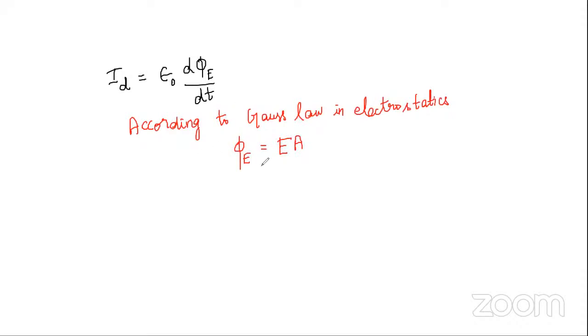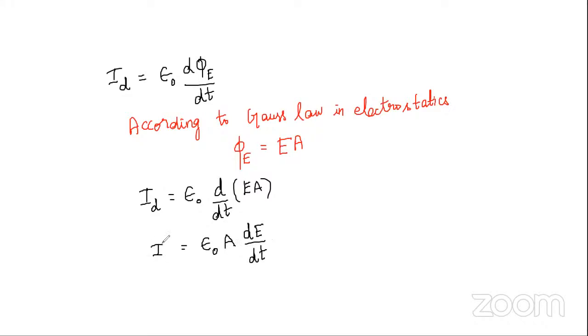When you include this phi e in this equation, the equation for displacement current is modified like this: ID equal to epsilon naught into d by dt of E into A. Here your area is constant, so area can be taken outside and the electric field is varying. So this is another equation for displacement current.